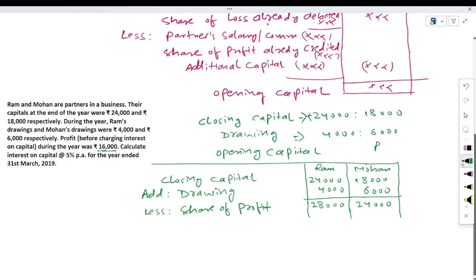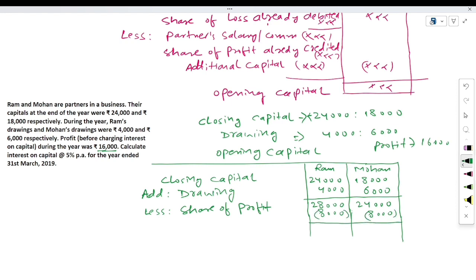Here the amount of profit is 16,000. And how many partners are here? Two partners. It means we will divide in equal ratio, means first partner profit will be 8,000 and second partner profit will be 8,000. What we are doing here? We have to less this amount of profit.